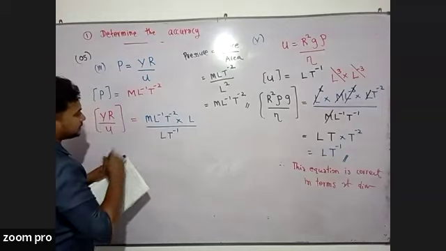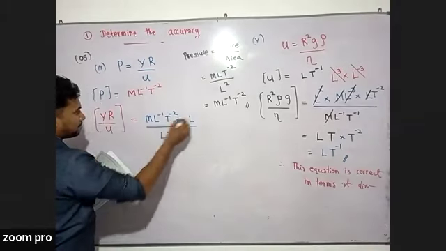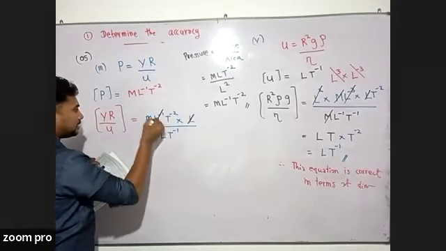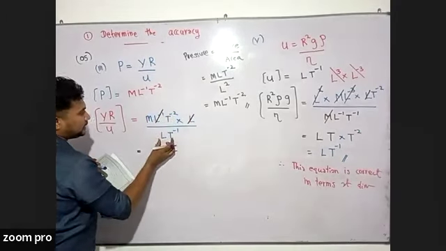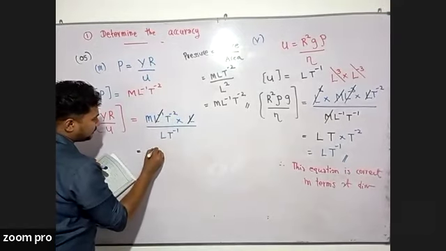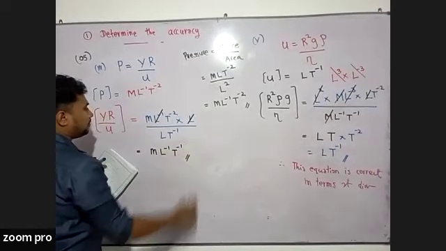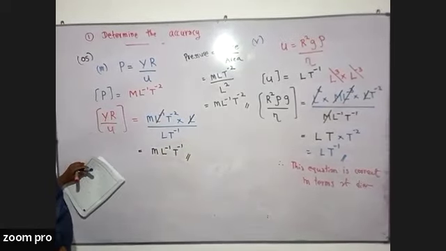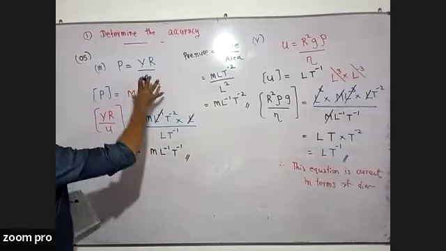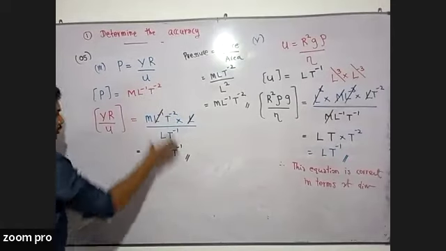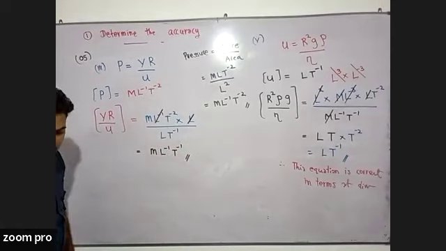So, if we further simplify this, this L plus and this L minus cancel. So when these two come to the numerator, it converts to ML^-1 T^-1. So that means these dimensions are not equal, isn't it?